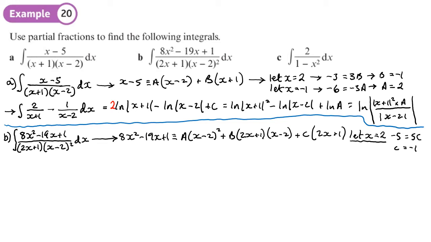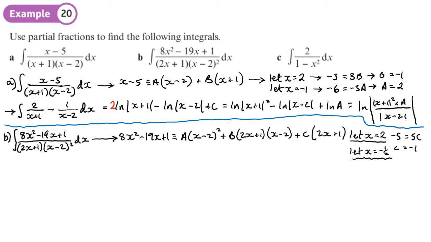Now the other value that I can make x is if I make x equal to negative a half, and that will clear off these two. So let x equal negative a half, and then we'll work that out and see what we get.